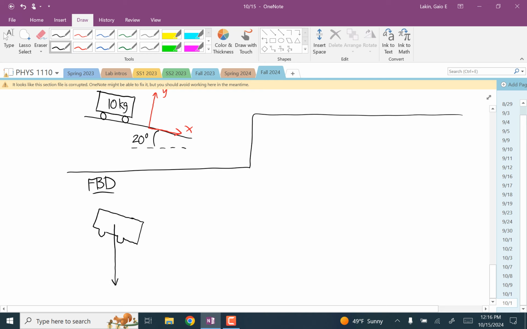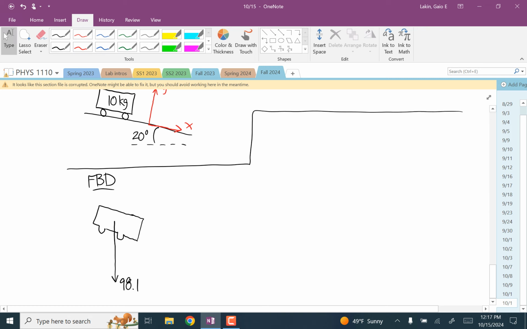So we have a weight force down here of 10 times 9.81, so that's 98.1. And now go around the boundary looking for contact with the surroundings. There's only one place the surroundings contact this boundary, and that's at the wheels. And that's a pushing force. I'll call that N. And now we have to think about the components of that weight force.